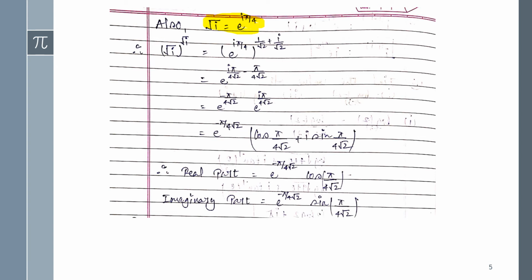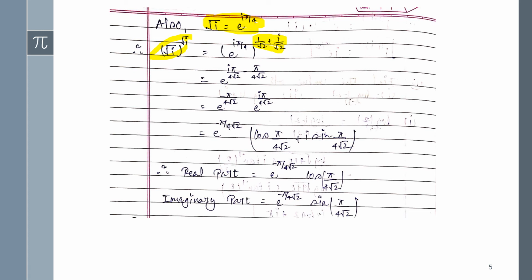So in place of this root i, we are applying e raised to i pi by 4. And for the root i raised to root i, as we have simplified in our previous slide, I am writing here 1 upon root 2 plus i 1 upon root 2.